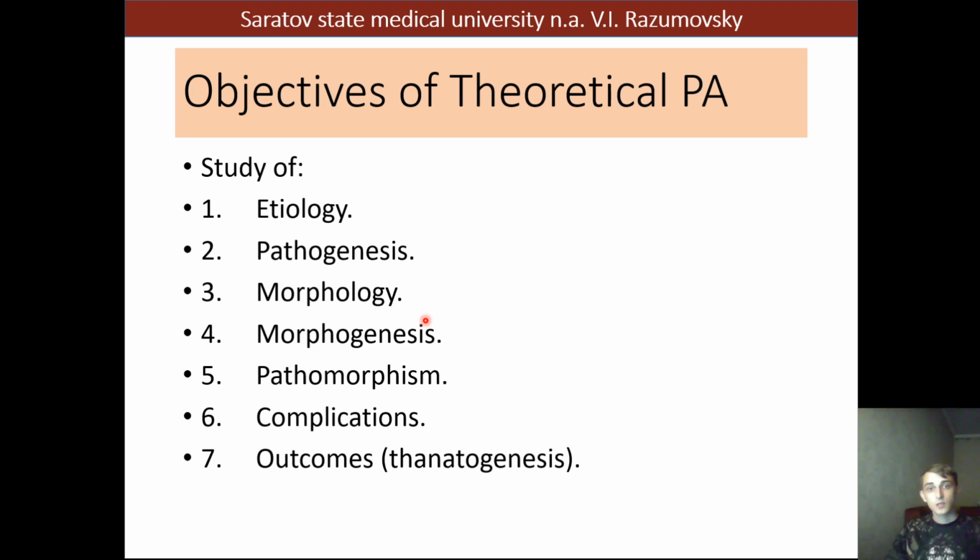And the last one will be formation of connective tissue and the patient dies some time after the disease. There are more ways of development or outcomes of this disease. And thanatogenesis is the science about the ways of death of a patient in each disease.